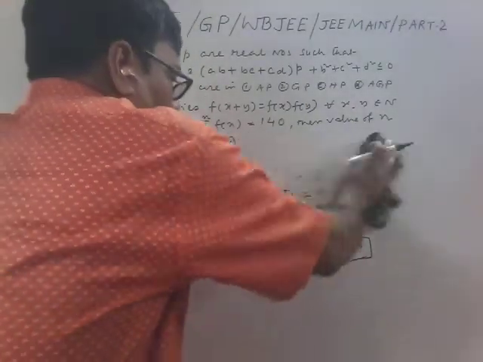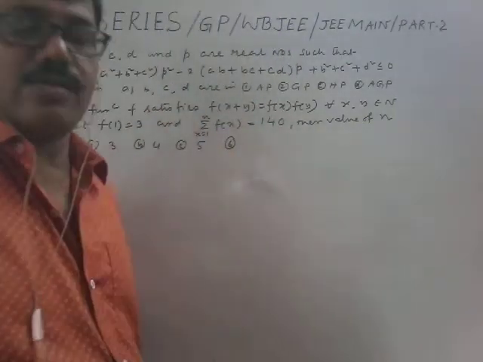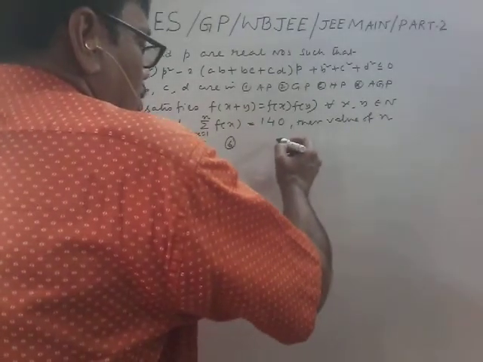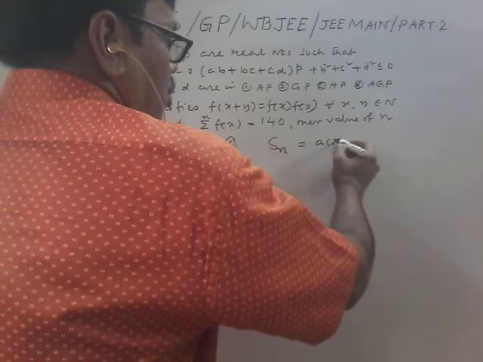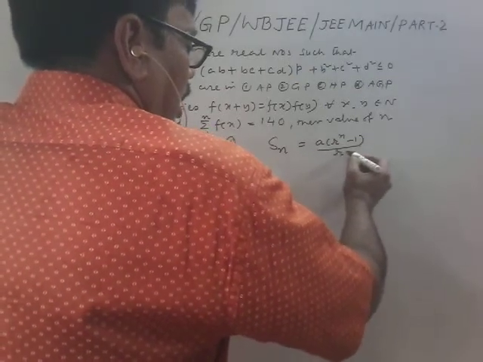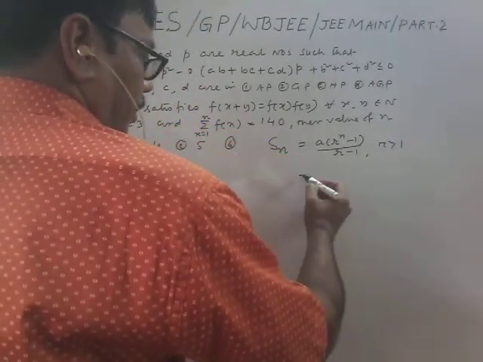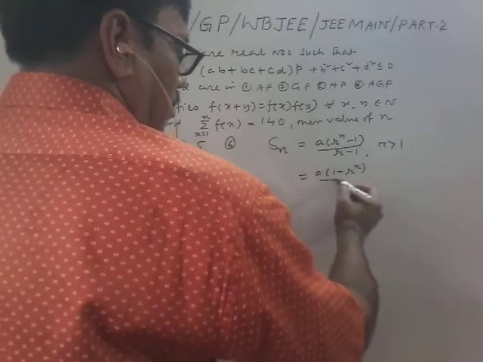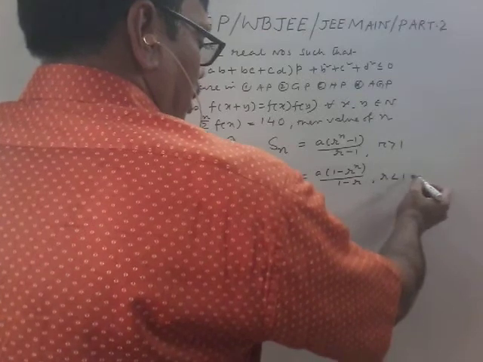Now the second one, sum of n terms of GP. Sn equals A into R to the power n minus 1 by R minus 1 if R is greater than 1, and it is A into 1 minus R to the power n by 1 minus R if R is less than 1.